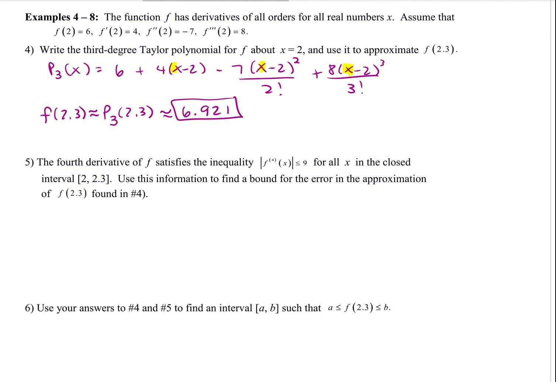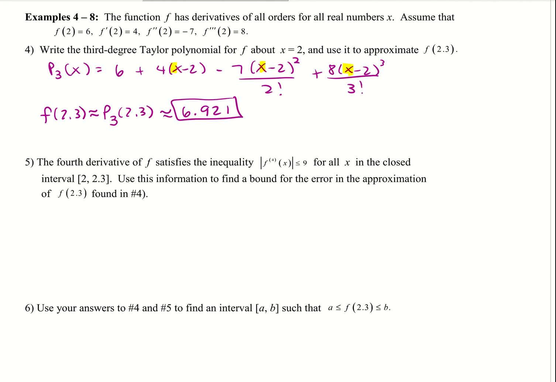All right, so now we want to use the fourth derivative. It says the fourth derivative of f, evaluated at x, is always going to be less than or equal to 9, or at least its magnitude, for all x values in the interval from 2 to 2.3.